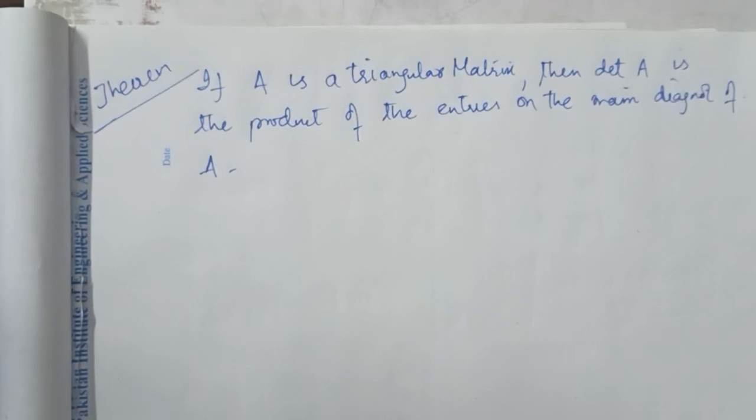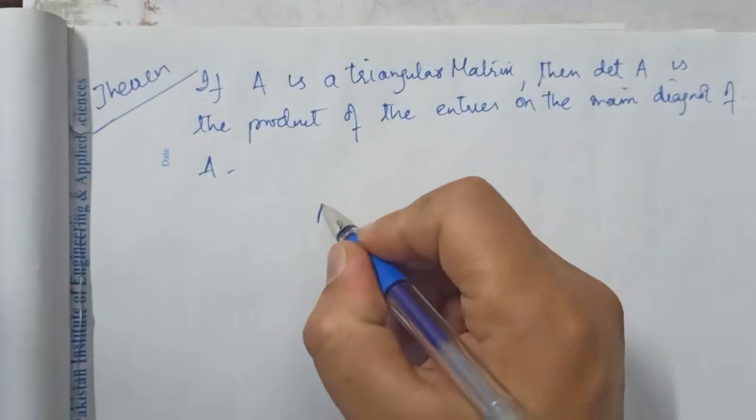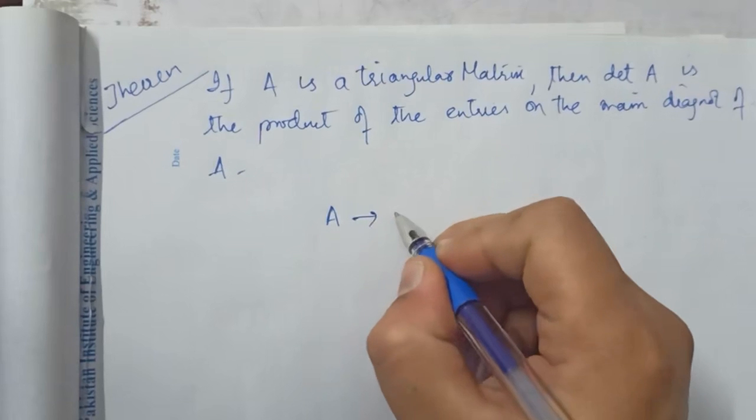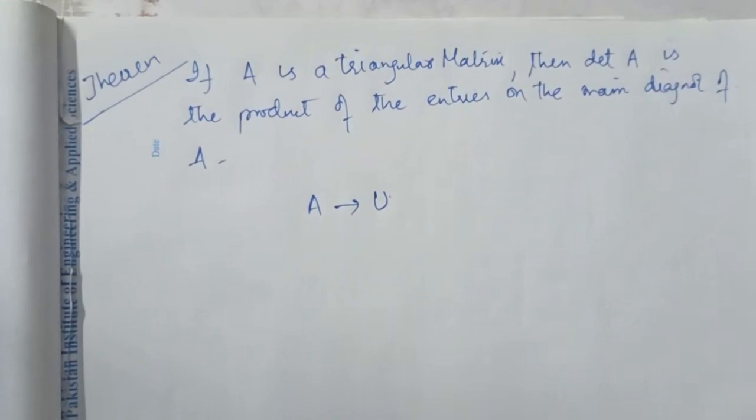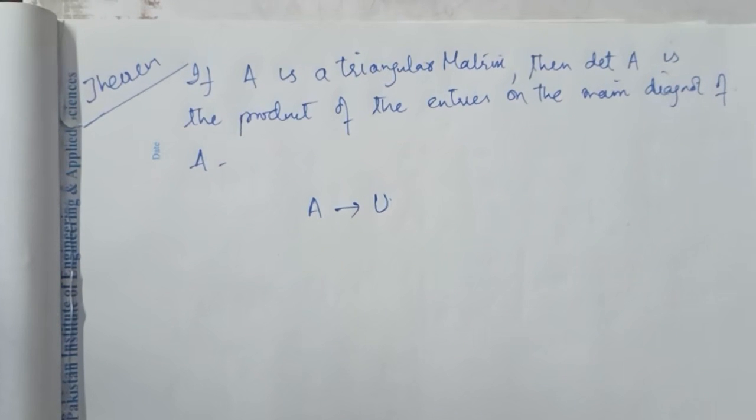Okay, now suppose a square matrix A has been reduced to an echelon form U by row replacement and row interchanges, right? This is always possible.